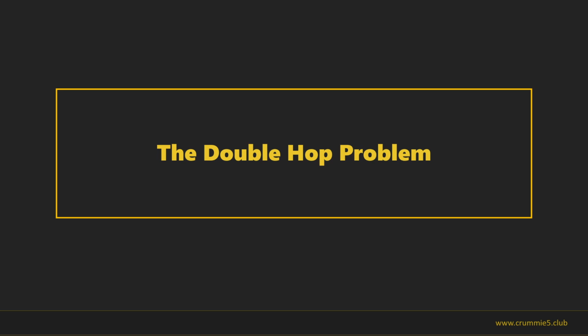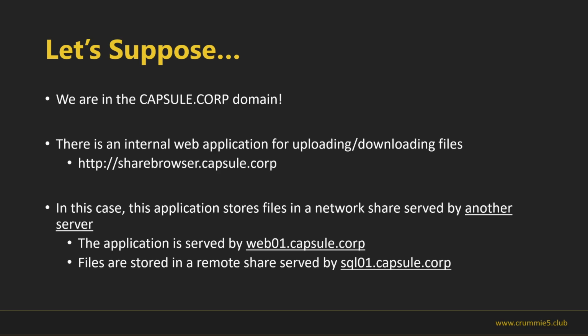But now we will start with the problems, the double hop problem. So let's imagine that we have the same web application, but in this case, we are not storing all the files in the same server where the application is running. In this case, let's suppose that the web application is offered by Web 01, but all the files are stored in a remote share that is served by SQL 01.